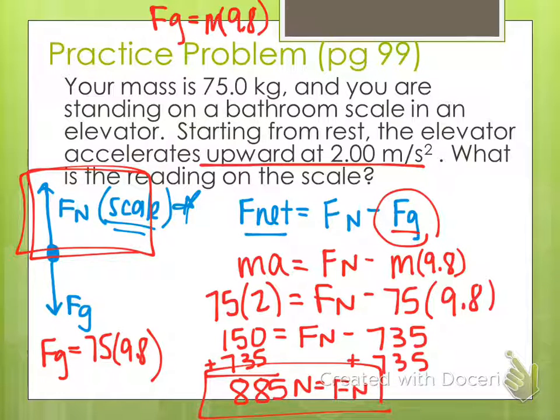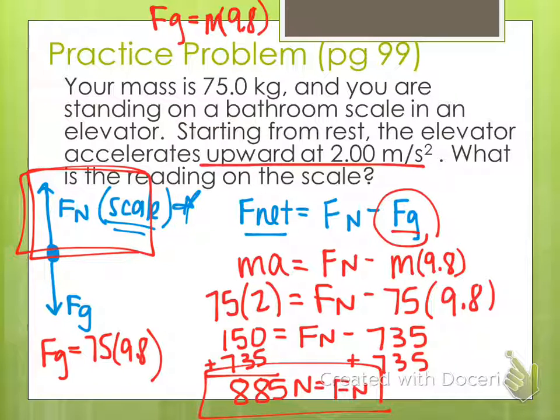So, since our elevator is accelerating upward, is this normal force or this scale reading greater than or less than what it would be if it was at rest? Should be greater than, and is it? Yeah, if it was at rest, Fg would equal Fn. So if it was at rest, our normal force would have only been 735.